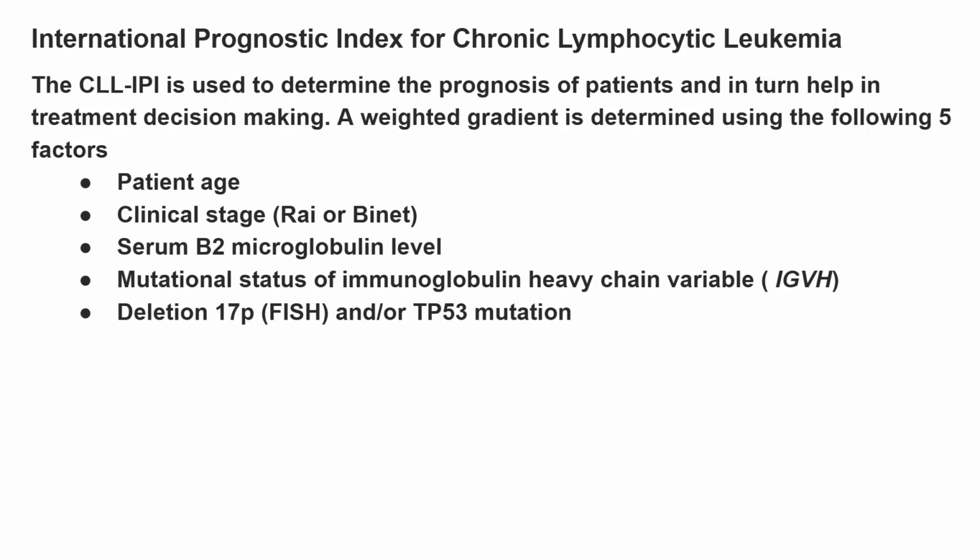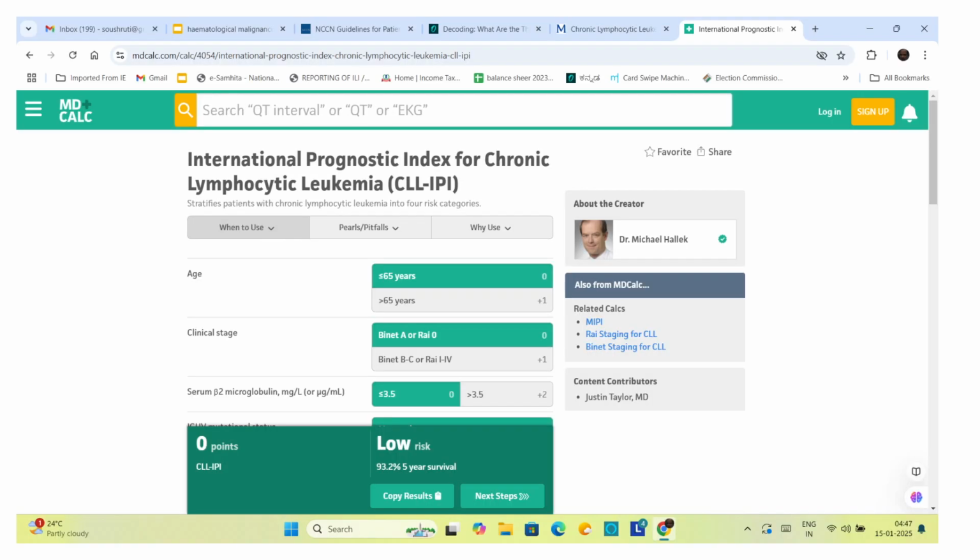The international prognostic index is another method which is often used. Now all these staging methods are followed by oncologists to predict the outcome as well as to select the right course of treatment. There is a complex calculation based upon age, clinical stage or Binet, serum immunoglobulin level, mutation status of the immunoglobulin, and deletion or mutation of the chromosome.